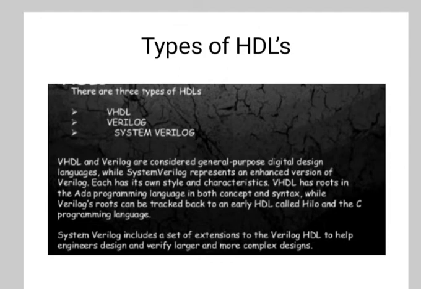VHDL allows concurrent procedure calls, and Verilog does not allow concurrent task calls. So this is the difference between VHDL and Verilog.